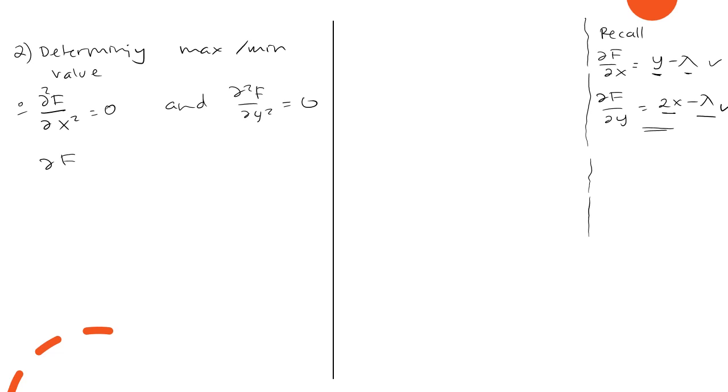And what about the second derivative dou x dou y? Look again, number 1 over here. So this is already derived against x, and then next is y. Look over here, it has y here, and the derivative of y is 1.